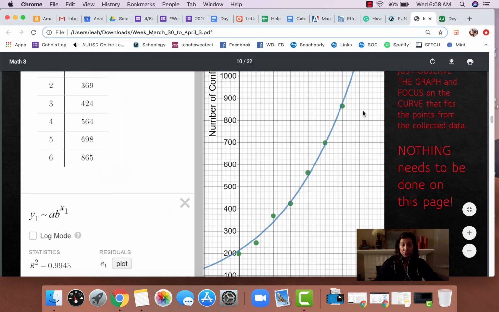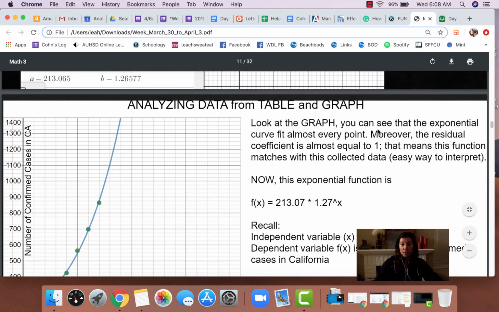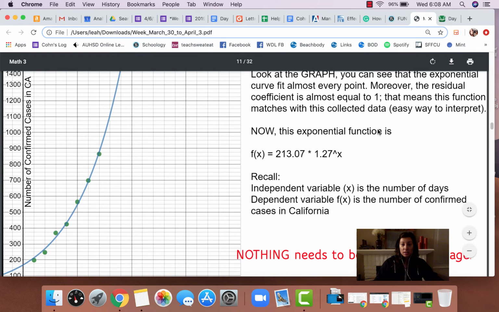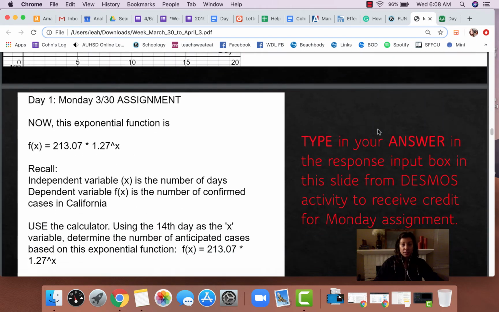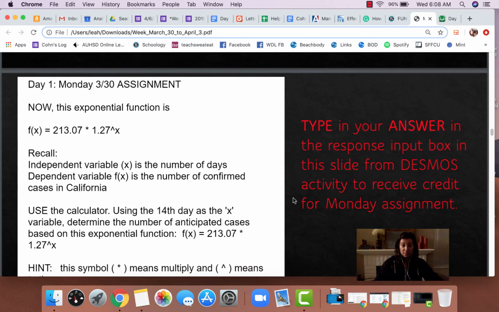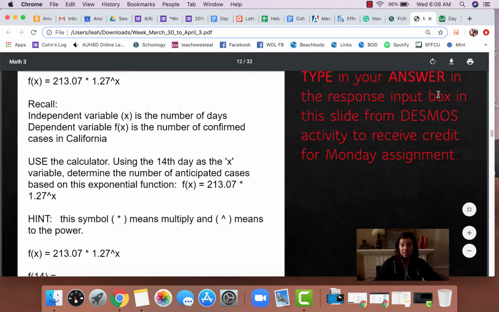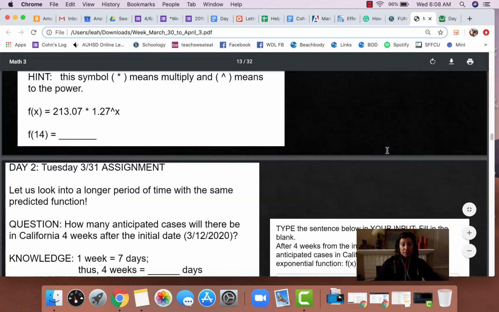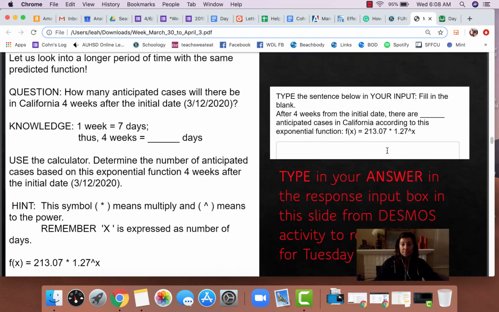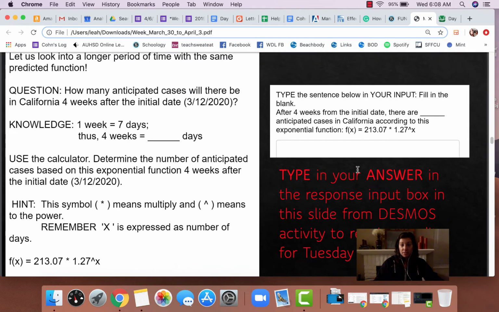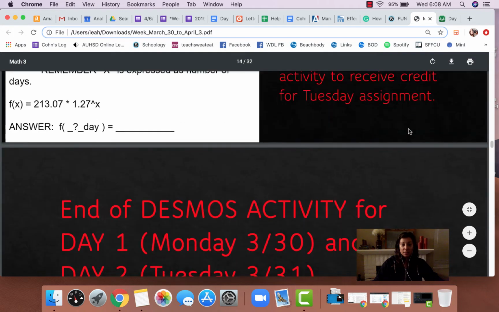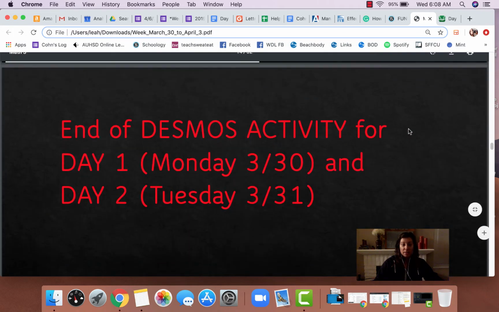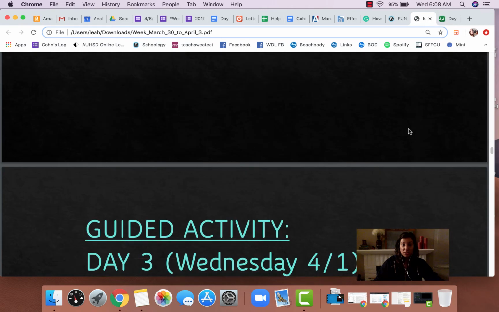We observe, okay? 4, observe. 5, where we have some information to read and then we need to type in an answer. So here's the typing part, it will look like this. I'll show you in a second too. Okay. And that would complete the day 1 and day 2 portion.